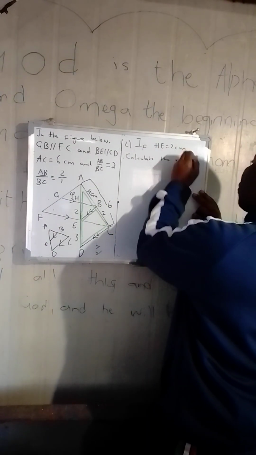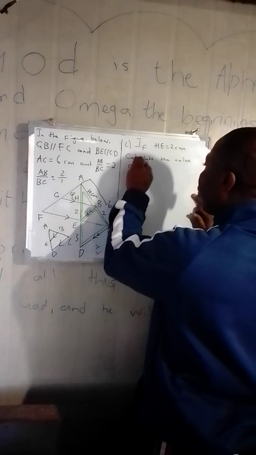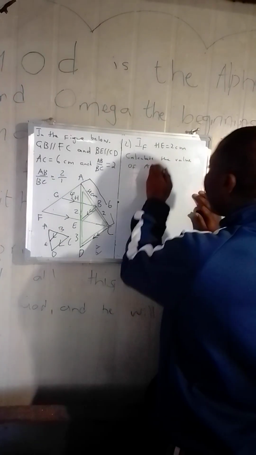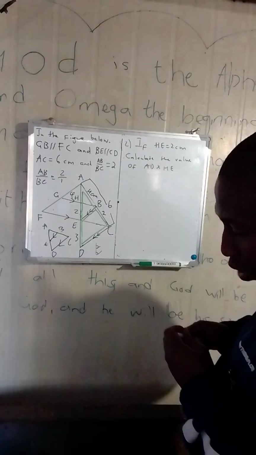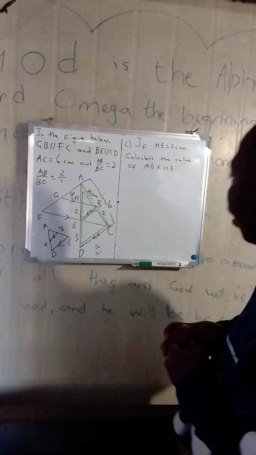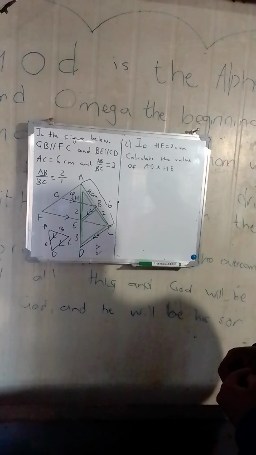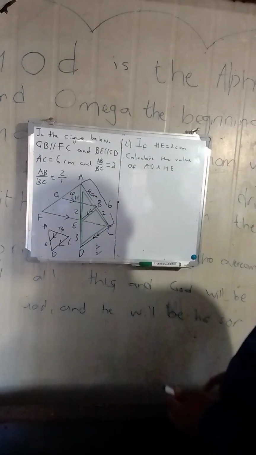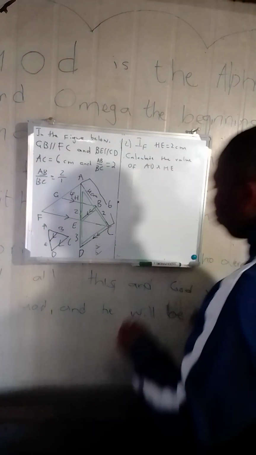the value of AD times HE. Where's AD? AD times HE. This one is quite simple. They say 2 marks.